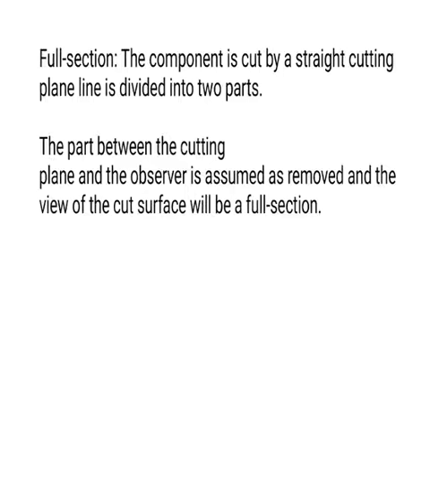A full section is where the component is cut by a straight cutting plane line and is divided into two parts. That means the cutting plane line should be straight in this case, and it also should divide the component or object into two different parts.